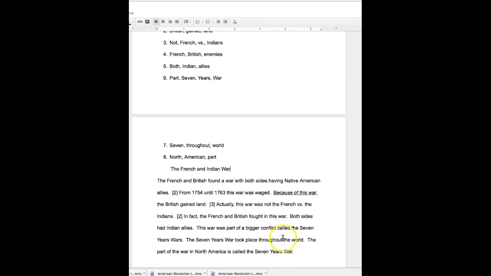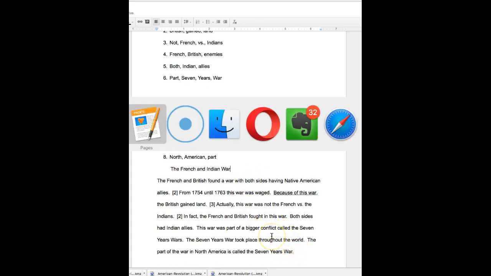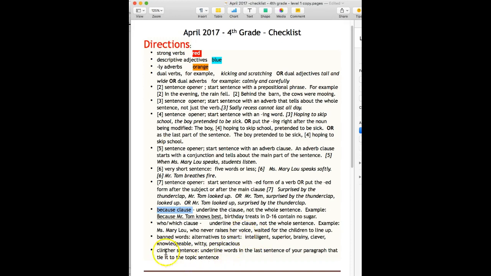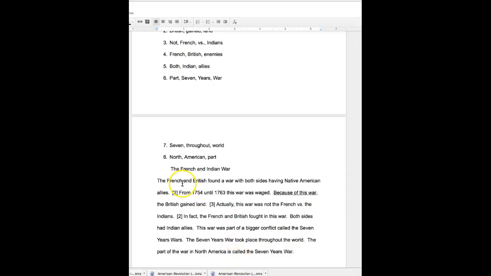Now we need this clincher sentence. So if you go down here, you see this clincher sentence. Underline words in the last sentence of your paragraph that refer to the topic sentence. So we need to mention the French and British having Native American allies.